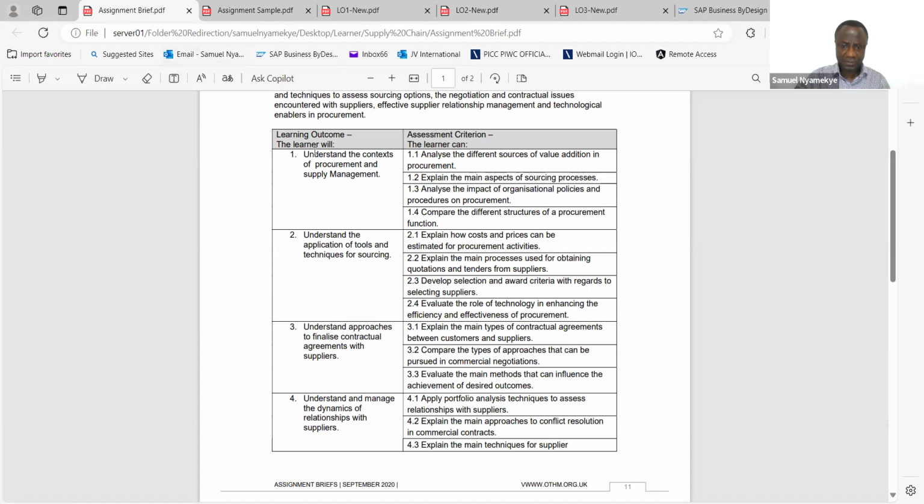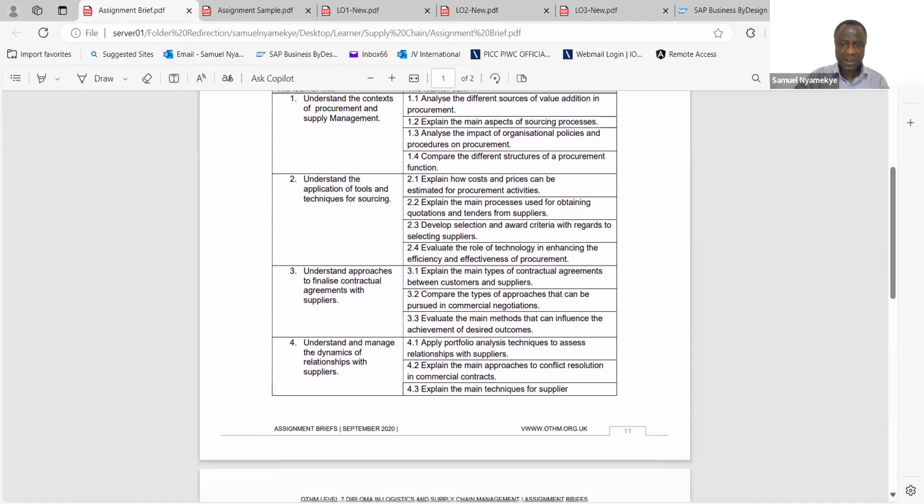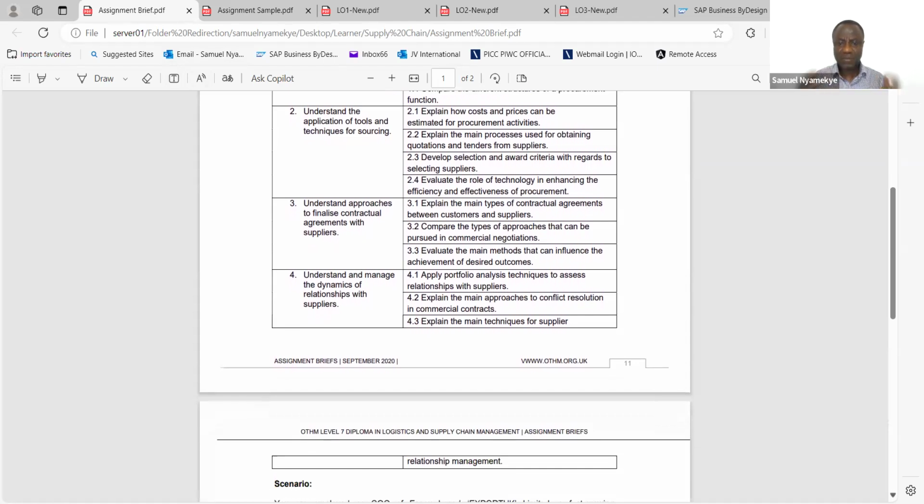For the other bit, contractual agreements, we've spoken about the various types that you can use in doing your contracts. The first part is the supplier selection.